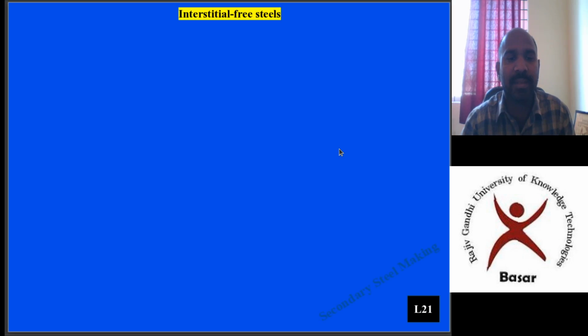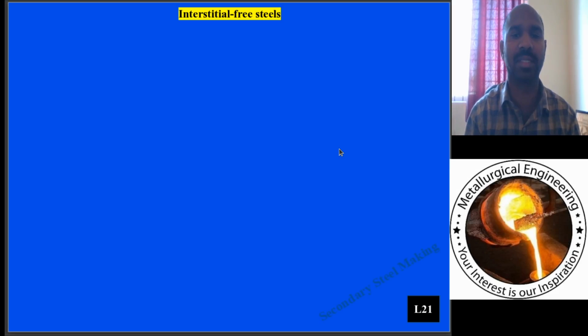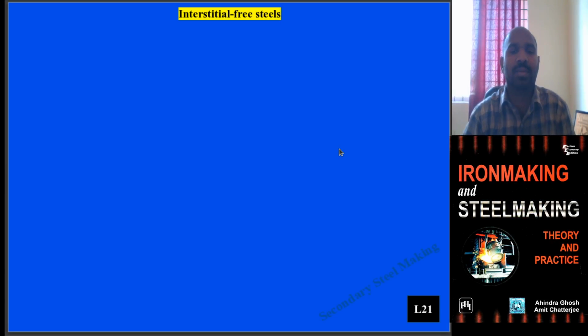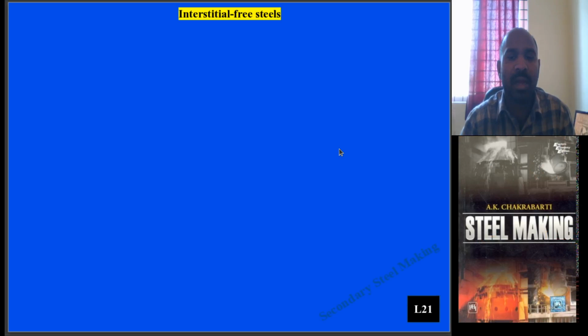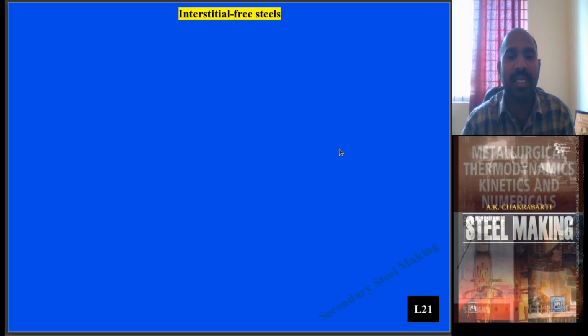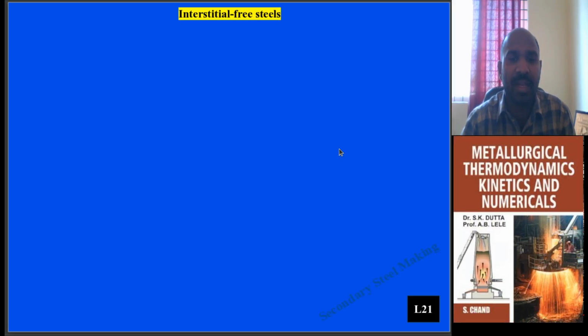Now let me speak about a few more low carbon steels. Why is this important? The secondary treatment of steels plays an important role, because if you are not using steels, you need to go for polymers and composites, and the investment cost for the construction of the car body and automobile applications goes high.